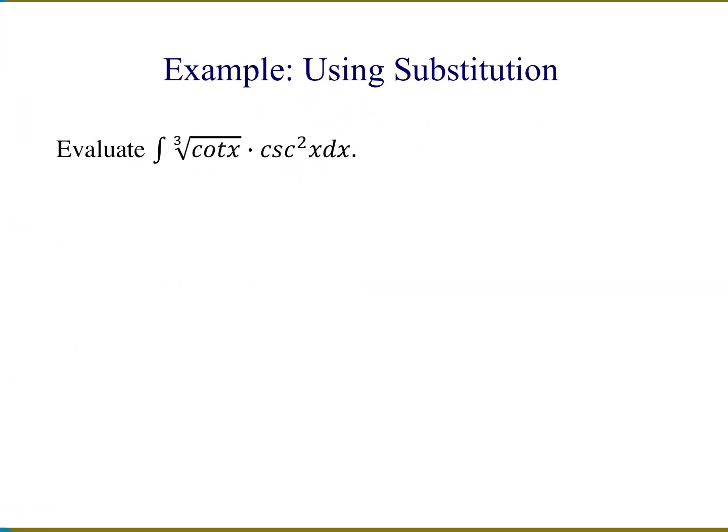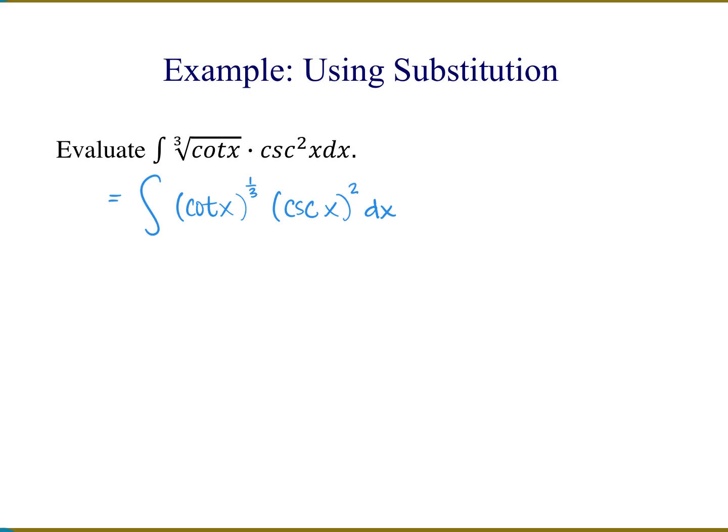All right. If I were to pre-write this, again, I'm going to have multiple different options. I'm going to have cotangent to the 1/3 and I'm going to have cosecant squared. And so choosing between these two trig terms, which one do you pick?